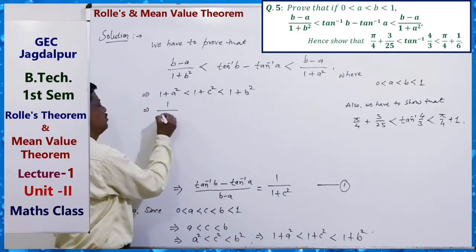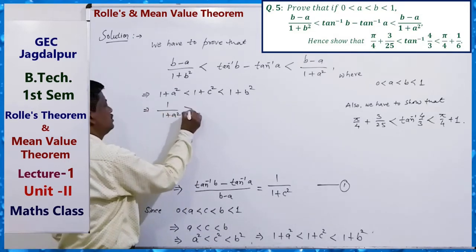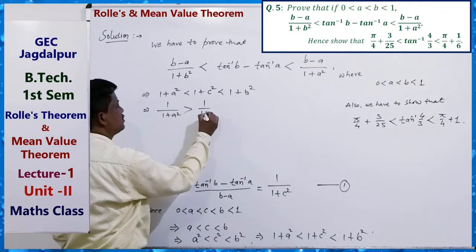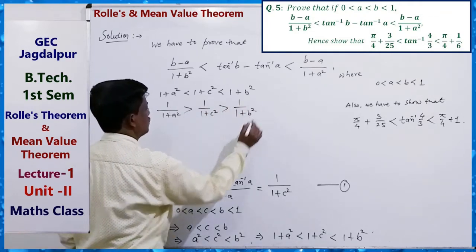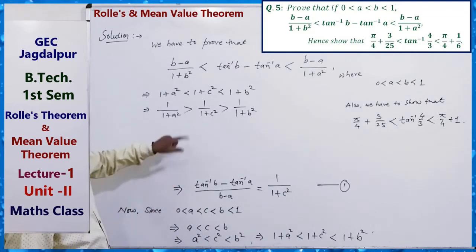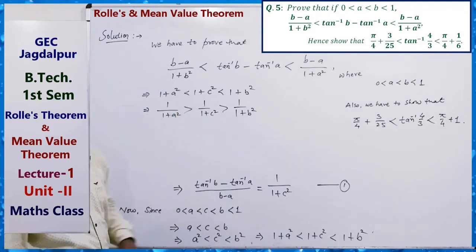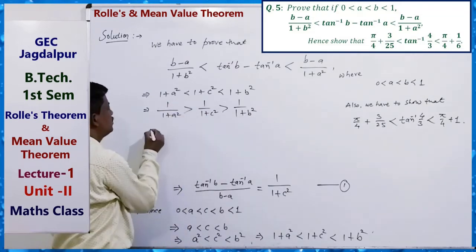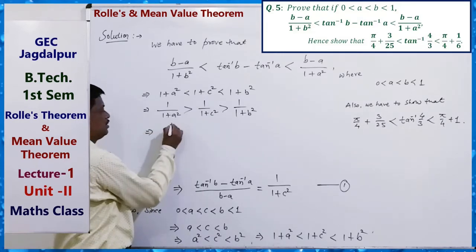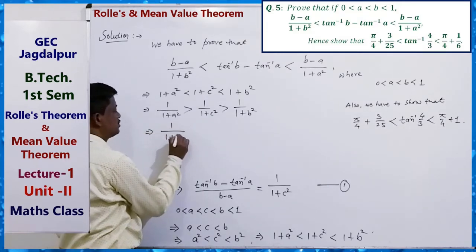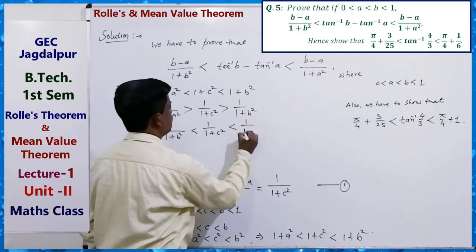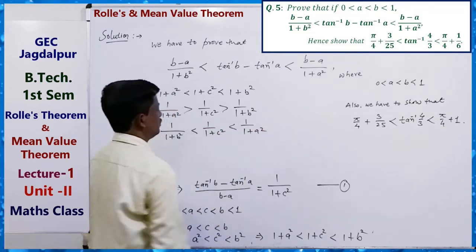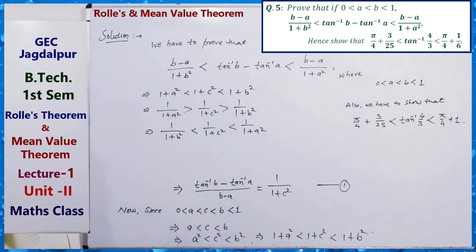Invert this: 1 upon 1 plus a square is greater than 1 upon 1 plus c square is greater than 1 upon 1 plus b square. Less than changes to greater than. Now just write it like this: 1 upon 1 plus b square is less than 1 upon 1 plus c square is less than 1 upon 1 plus a square. Okay?